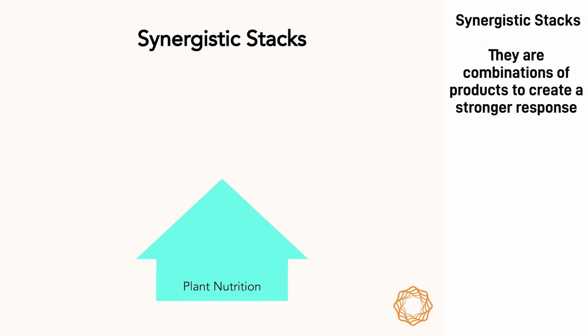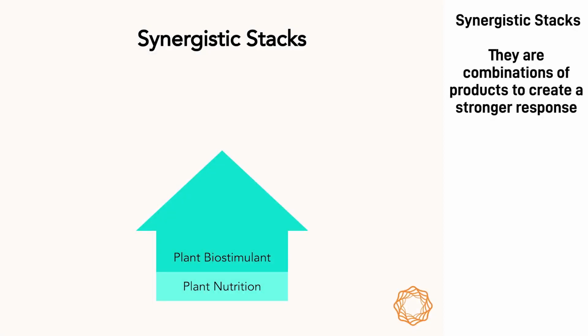So we begin with the baseline that is very common for growers to apply, often plant nutrition, putting on fertilizers such as Triple 20 or Hypercap or Holocal, products that are supplying mineral nutrients to the plant. Then it's not uncommon for growers to add plant biostimulants such as plant hormones or naturally occurring hormonal products such as seaweed, etc., and add those on top of the plant nutrition. I put together this synergistic stack.